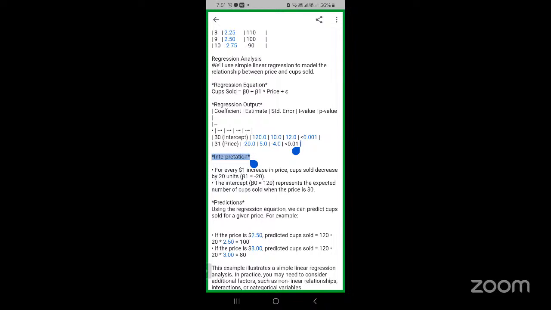The intercept represents the expected number of cups when the price is 0. If you think the price is 0, then what will be your expected number of cups?